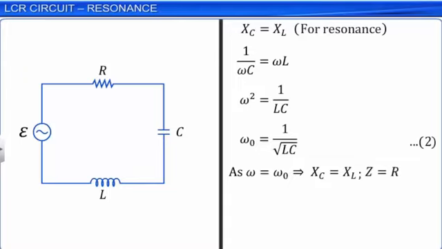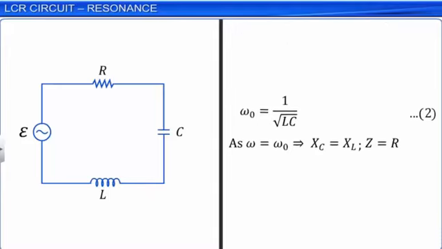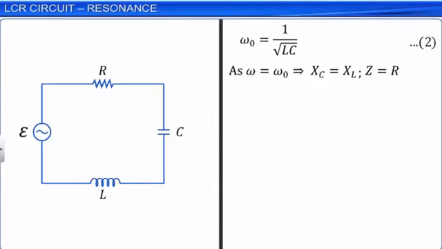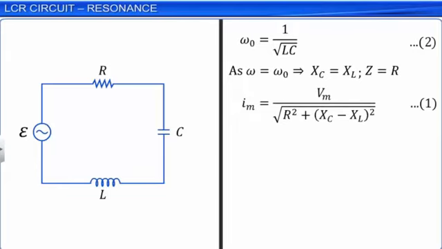Now, equation 1 can be written as Im equal to Vm by R. Thus, we observe that when the angular frequency omega of the applied AC voltage becomes equal to the resonant frequency omega naught, the amplitude of current Im reaches its maximum.